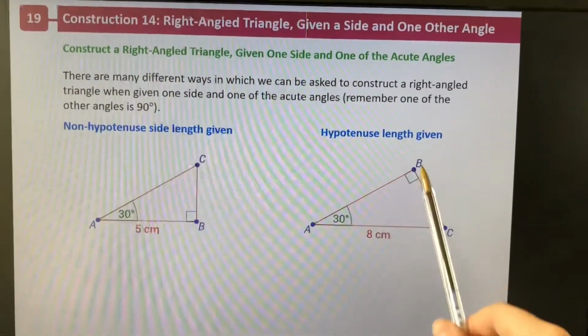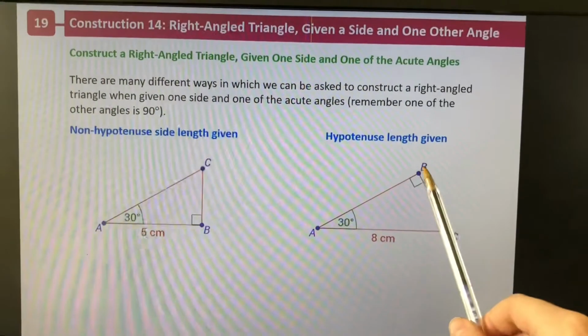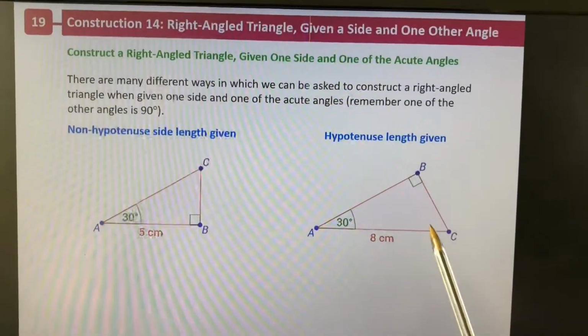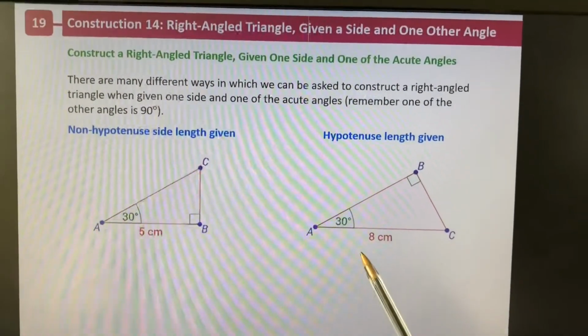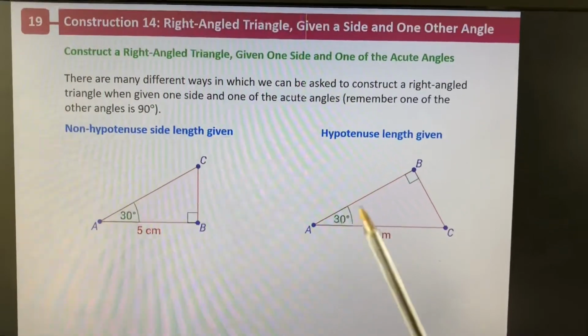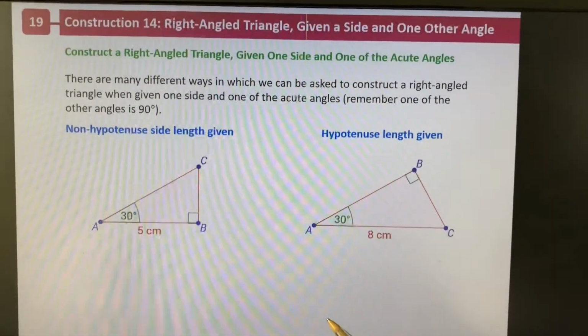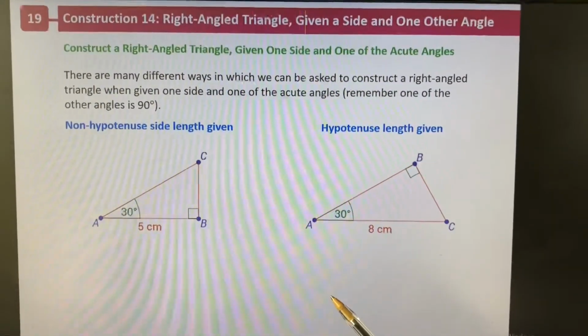And rather than us trying to figure out our 90 degrees up in the air somewhere here, we're actually going to remember the theorem that all 3 angles in a triangle add to 180 degrees.